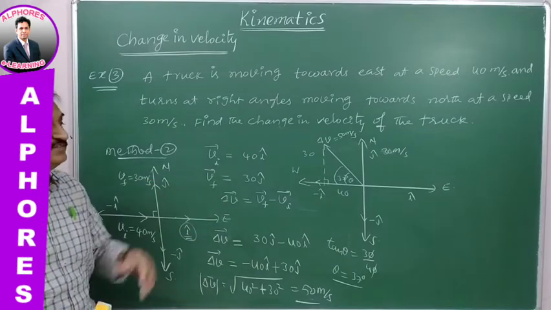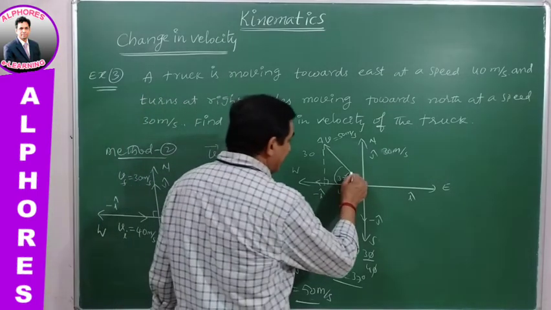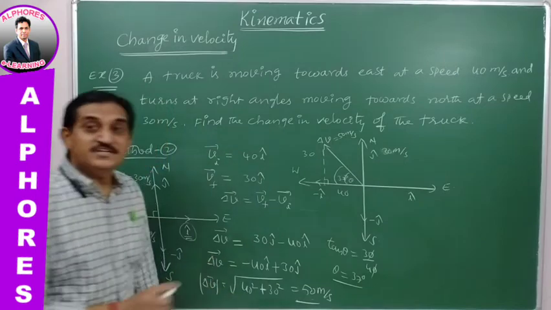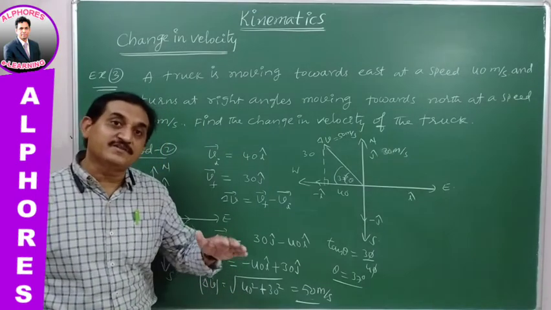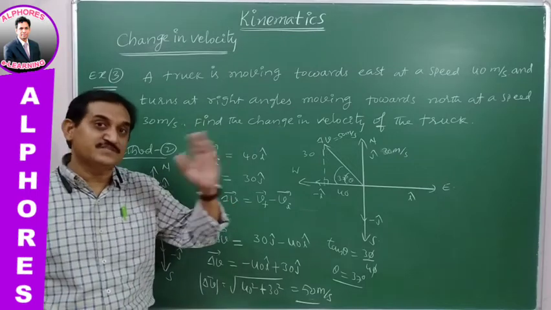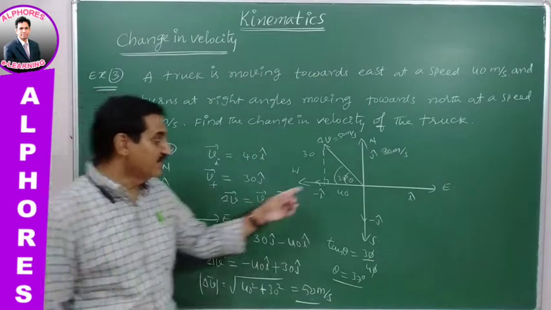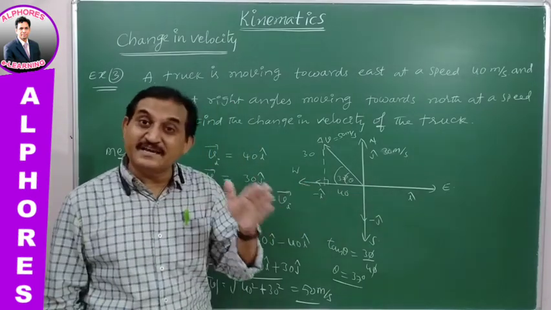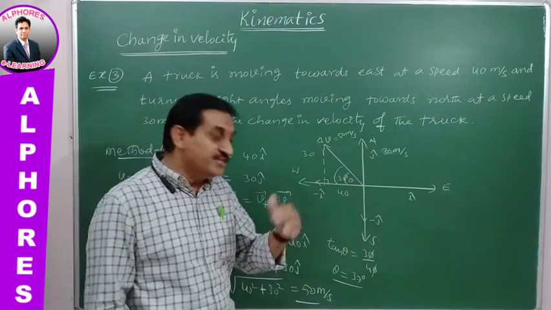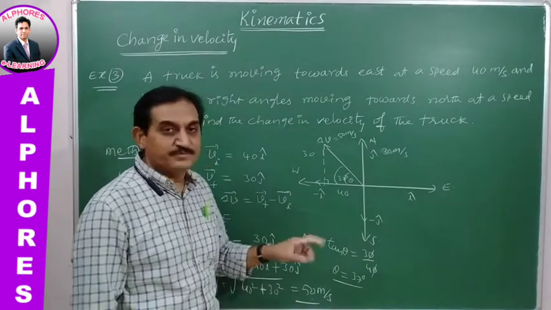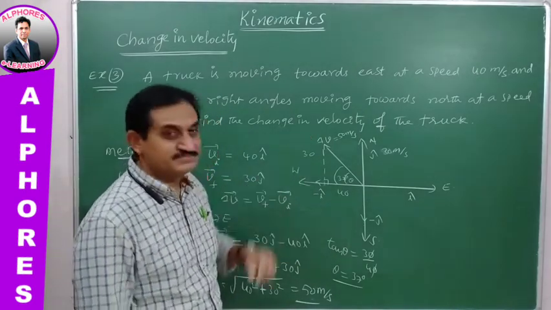Here, the change in velocity is making an angle theta of 37 degree with west. So the line with which the change in velocity makes an angle is taken as a reference to differentiate the other two directions. Here it is theta with west. Therefore east-west is taken as a reference which differentiates north and south, and the change in velocity is towards north.